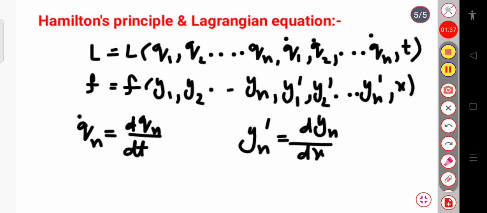This is the basic difference between the two: q dot represents the derivative with respect to time, but the prime represents the derivative with respect to the space coordinate x.